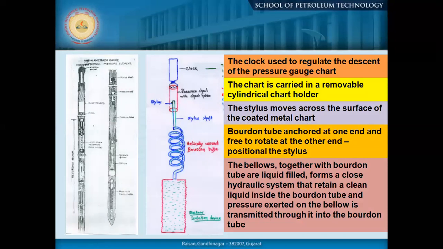You wind the spring, and with time the spring will open up and lower the chart, and it will mark. When the pressure on the bellow increases, the spring will uncoil and mark on the carbon chart. It is like the small whistle kids blow: if you blow into it, something uncoils and makes a sound, and again it coils.